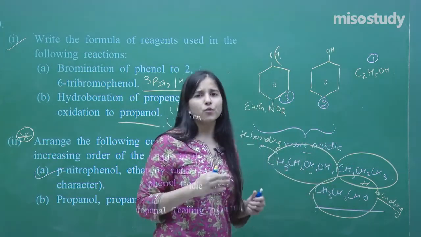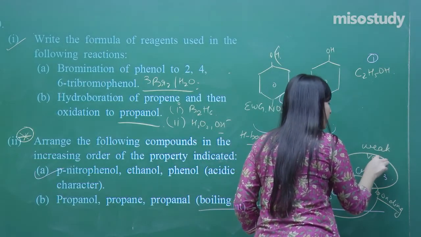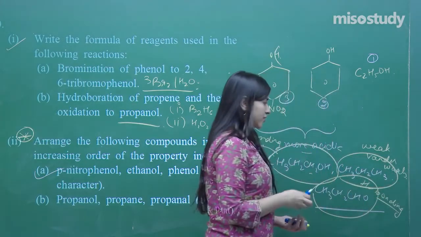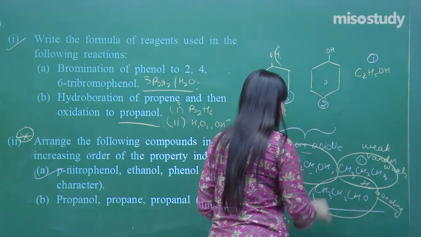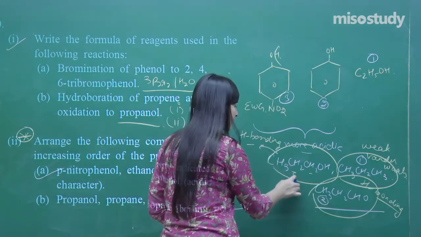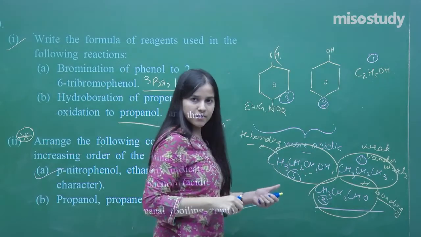There will be very weak van der Waals forces, right? Yes. And can I arrange this now? Least one first, next one aldehyde, and third one, the most good bonding which is existing.